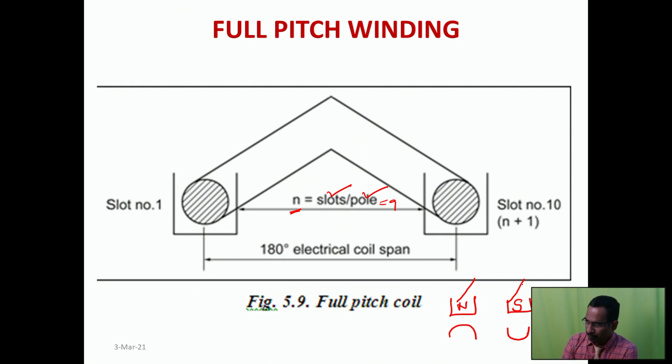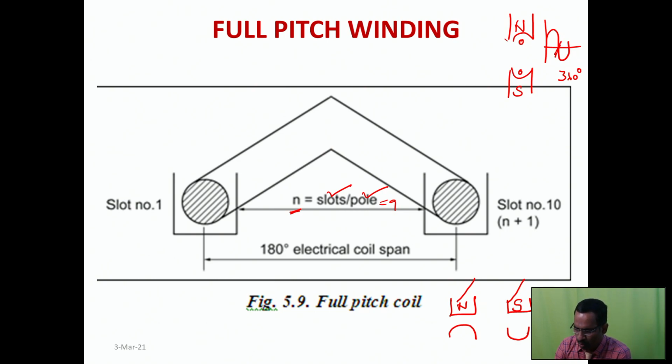If I have only two poles, it is my north pole, it is my south pole. If I am placing the conductor here, these two are creating one sine wave. One sine wave means it is creating 360 degrees.